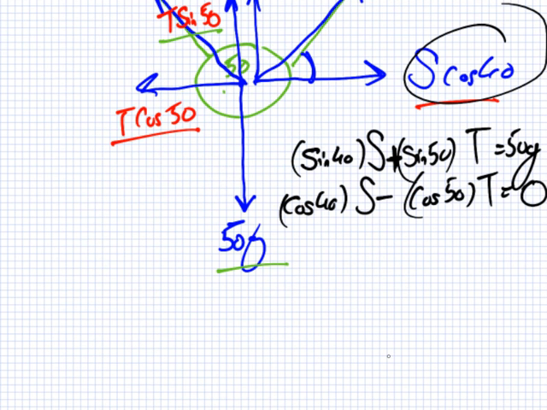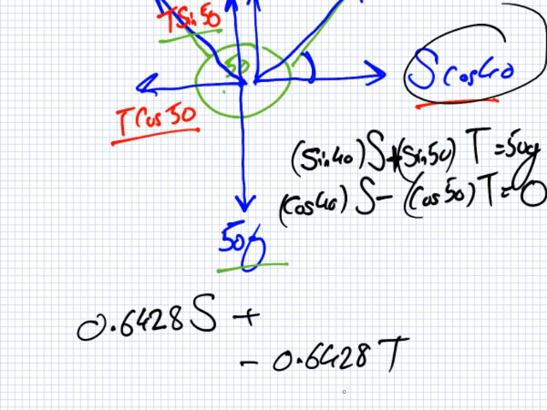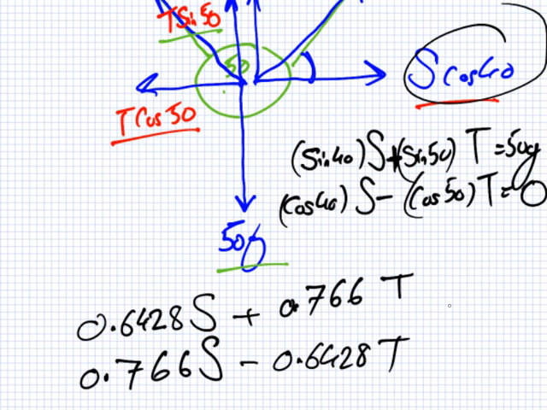You have 0.6428 S plus, and here's a minus, sine 40 is the same as cos 50, 0.6428 T, and 0.7660 T and 0.7660 S. This equals 0, and this equals 50g, which is 490.5.